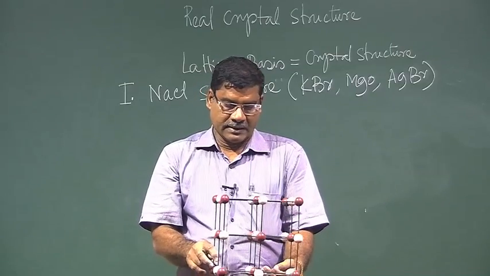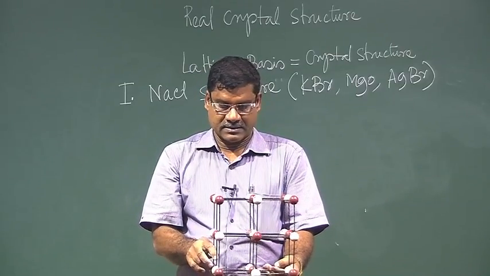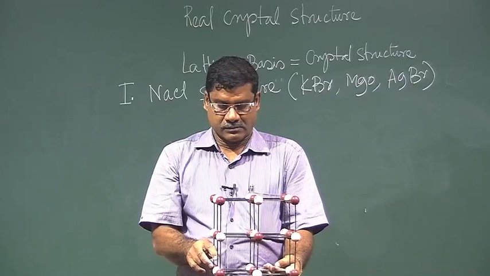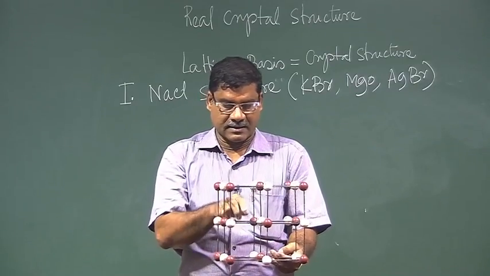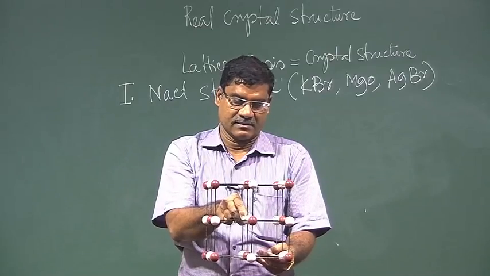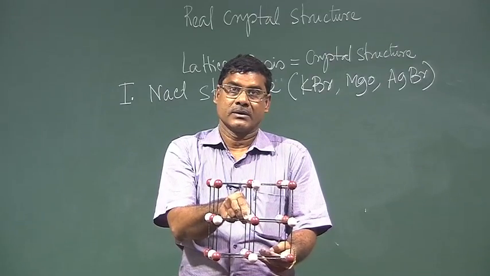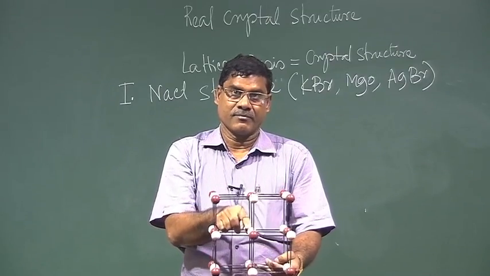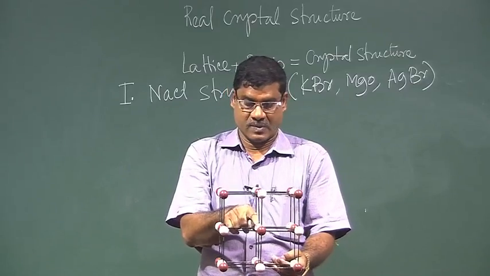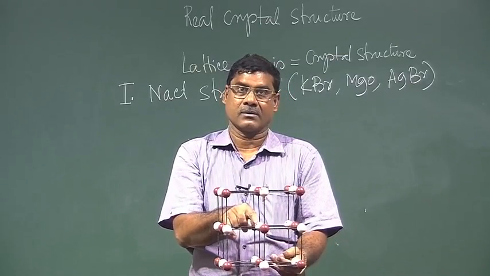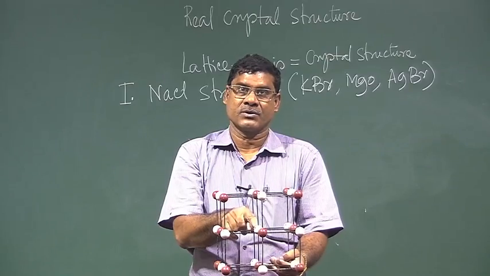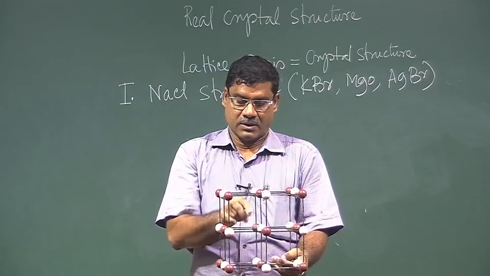So, here if I take this one in the middle as the sodium, I can take this sodium as the origin. So the coordinate of this one will be 0, 0, 0.